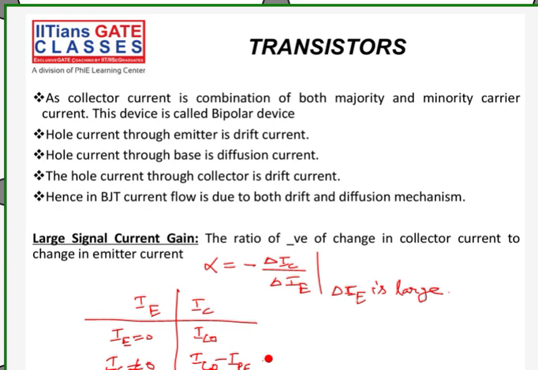If it is non-zero, it will be the reverse saturation current minus the current due to the majority carriers coming from the emitter region. So the change of IE from 0 to a non-zero value is called large signal change.